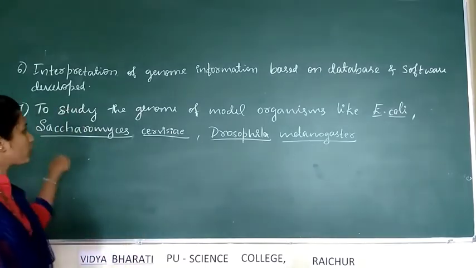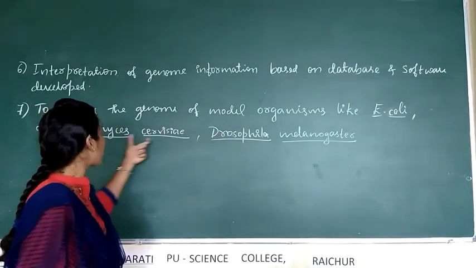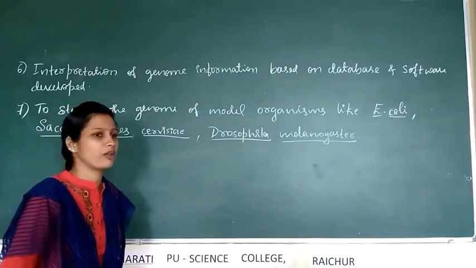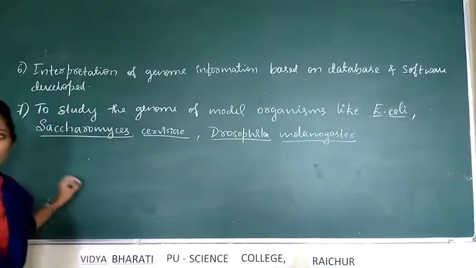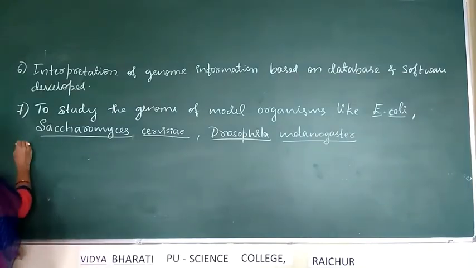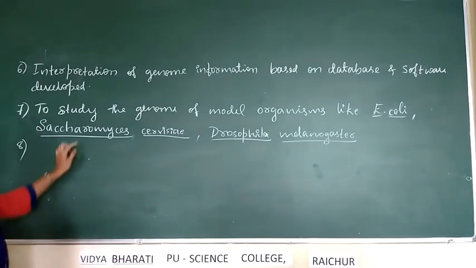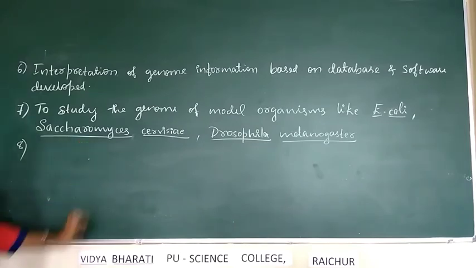In order to study the genome of model organisms like E. coli, Saccharomyces cerevisiae and Drosophila melanogaster, the Human Genome Project was established. Right? This is also one of the goals of the Human Genome Project. Next one is sharing the knowledge and materials at the global level.